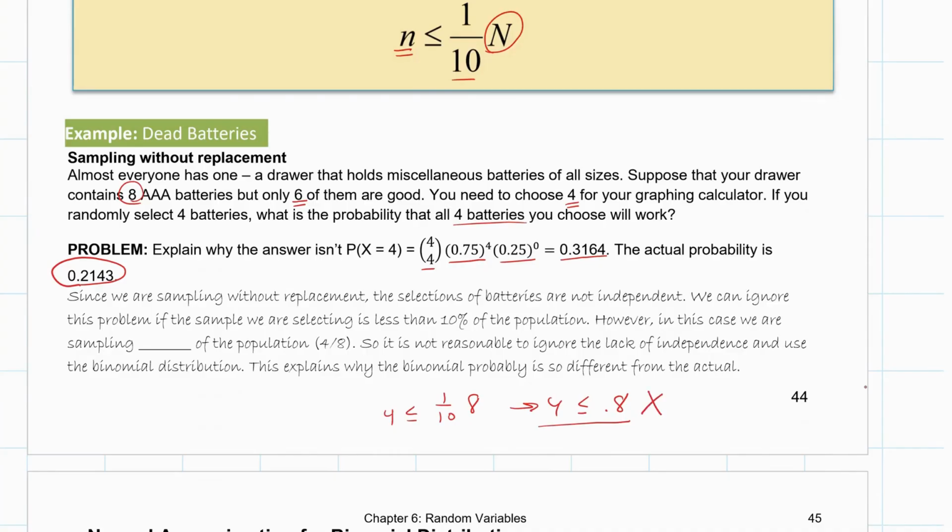And so we fail to meet the 10% condition, and that's why these two probabilities are so very different. Since we're sampling 50% of the population, which is not less than 10%, it gives us values that are not quite right.